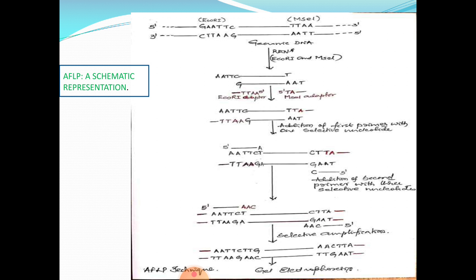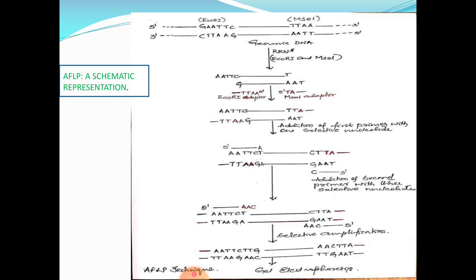Genomic DNA is isolated and digested simultaneously with two different restriction endonucleases. You can see here is the genomic DNA. On one side you have the sequence GAATTC, which is the recognition sequence for EcoRI.